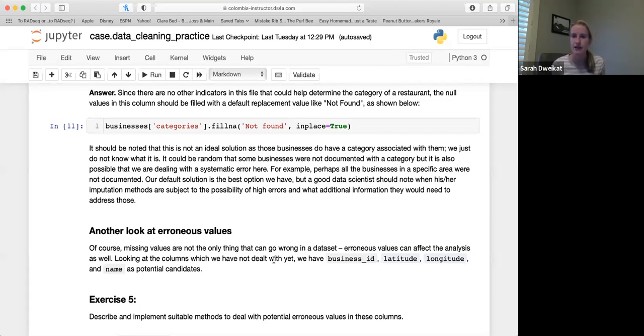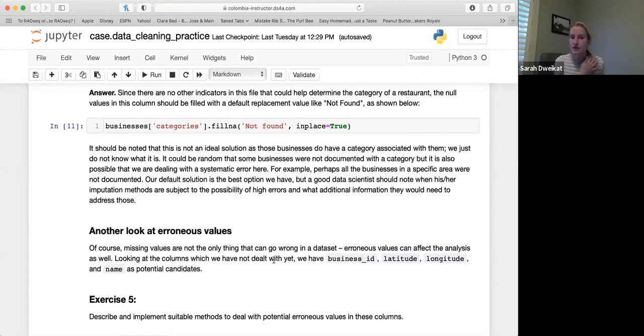So let's take a minute for exercise 5. Describe and implement suitable methods to deal with potential erroneous values in these columns.